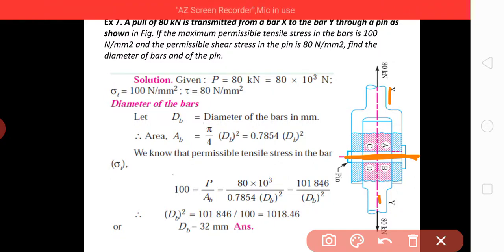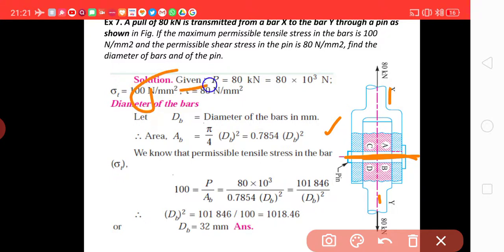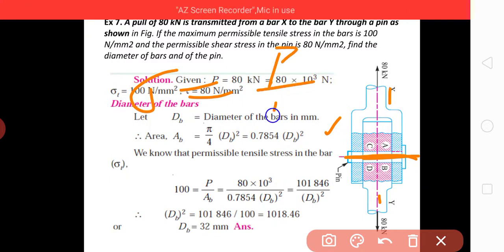80 kilonewton force. So, first realize the strength of the bar in tension, that is the diameter of the bar. If the area A_B is pi over 4 d_B square, then we know stress is equal to force upon area.